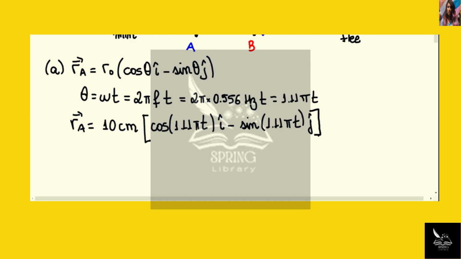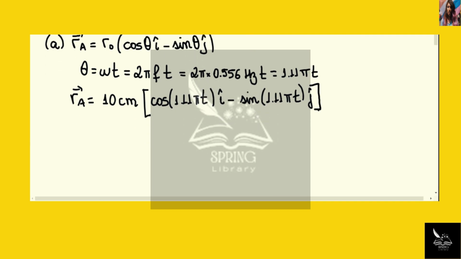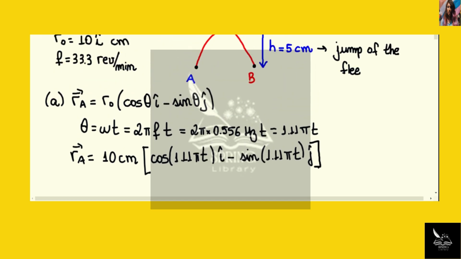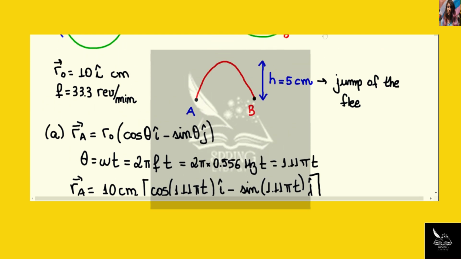And what we need to do is to find how much time it takes for the flea to jump from point A to point B, so that we can plug the time t into R A, and then we can find exactly the position of point A. So notice that the flea jumps at a maximum height of 5 centimeters, and the total time of the jump is equal to 2 times the time it takes for the flea to reach its maximum height.